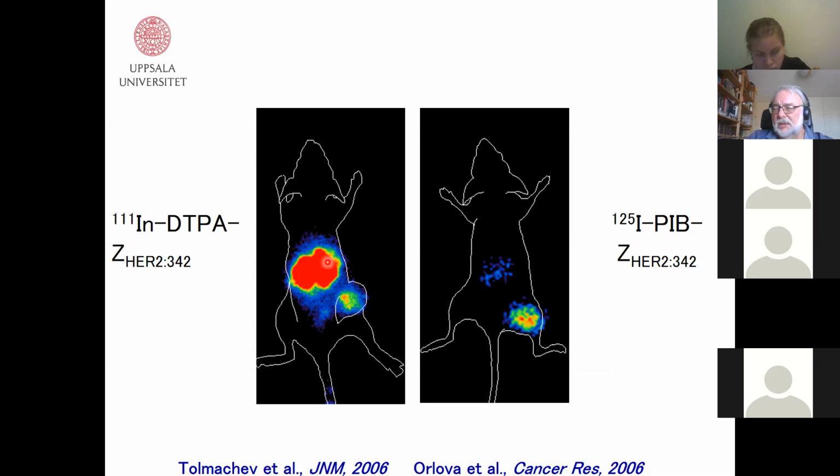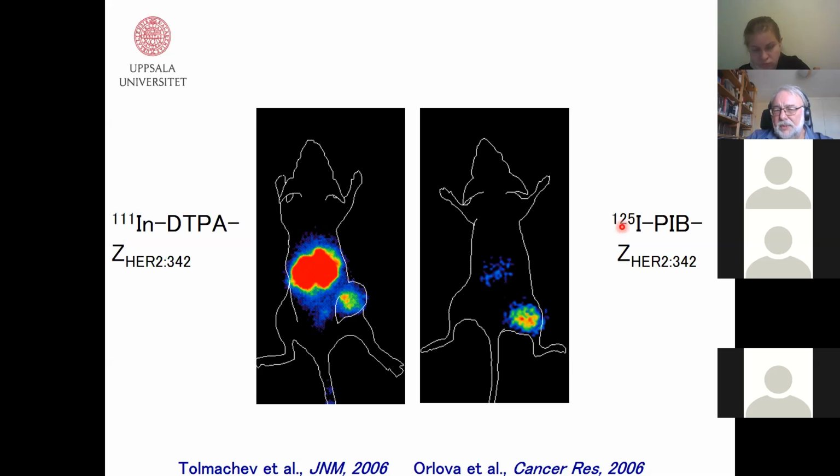Four hours after injection of this affibody, we had approximately 10–15% of injected dose per gram of kidney, per gram of tumor around a couple of percent of activity, and in liver, but the rest was taken up by the kidney and stayed there for days.